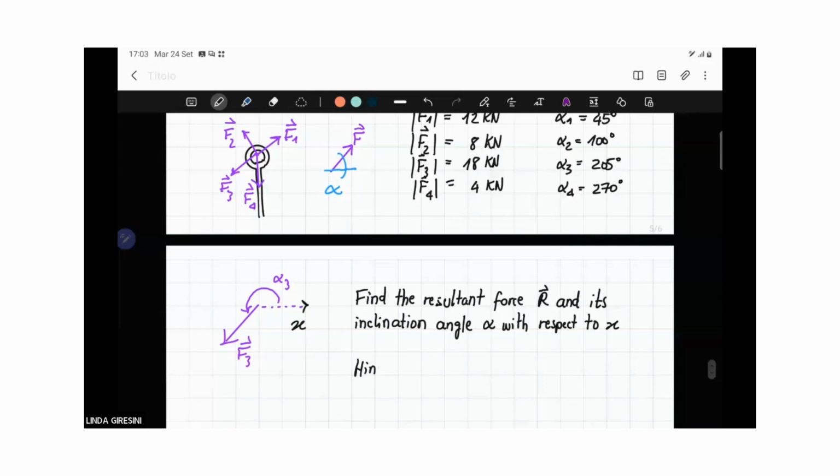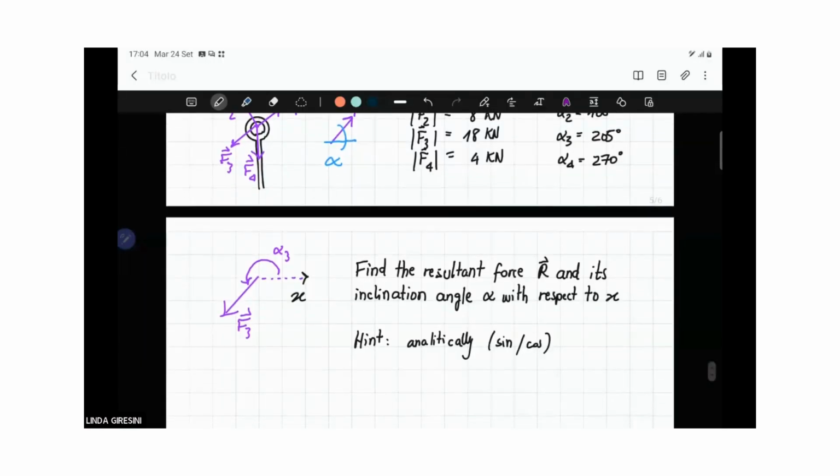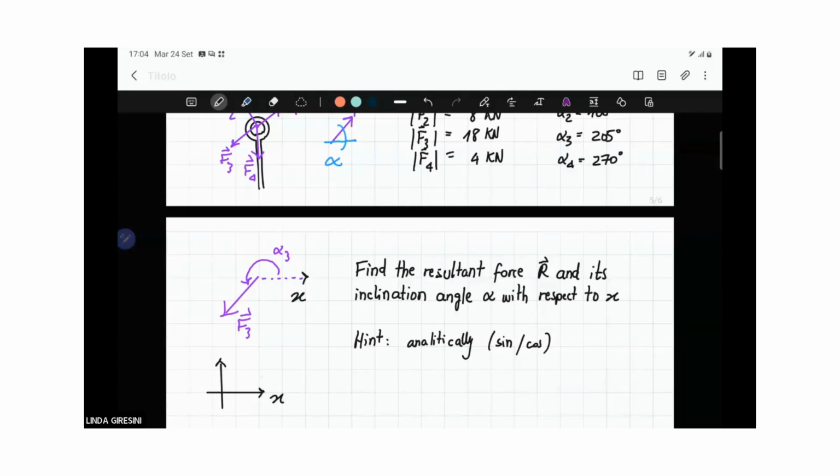Hint: you can proceed either analytically, applying the sine and cosine functions. First of all, you use a coordinate system, X and Y, and you find for each force the horizontal component and the vertical component, and then you use sine and cosine functions.